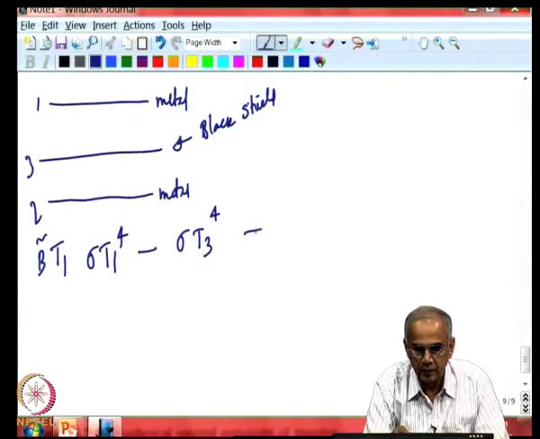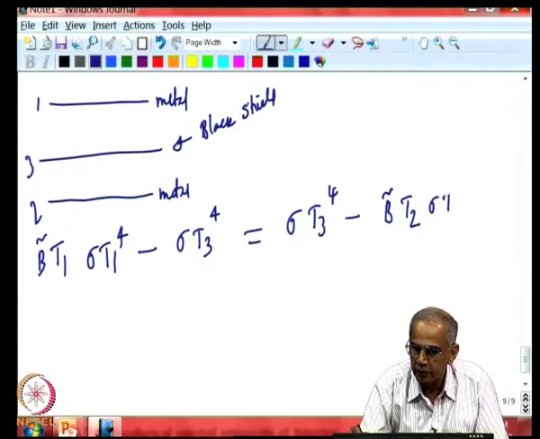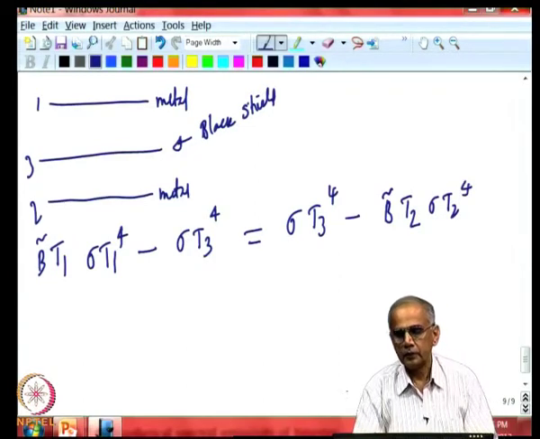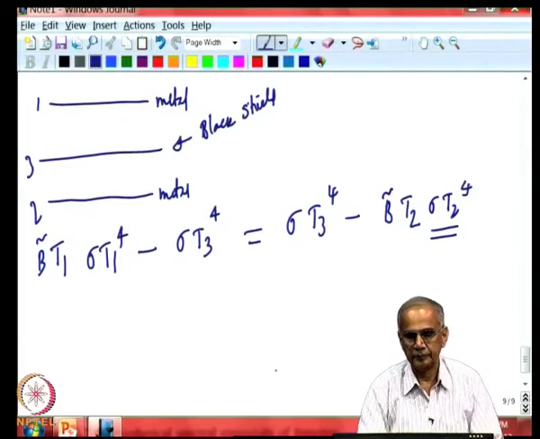Similarly, what is coming from the metal and absorbed by the black shield is B delta T 2 times sigma T 2 to the power of 4. So, this is what is emitted by the metal, and the entire thing is absorbed by the black shield.